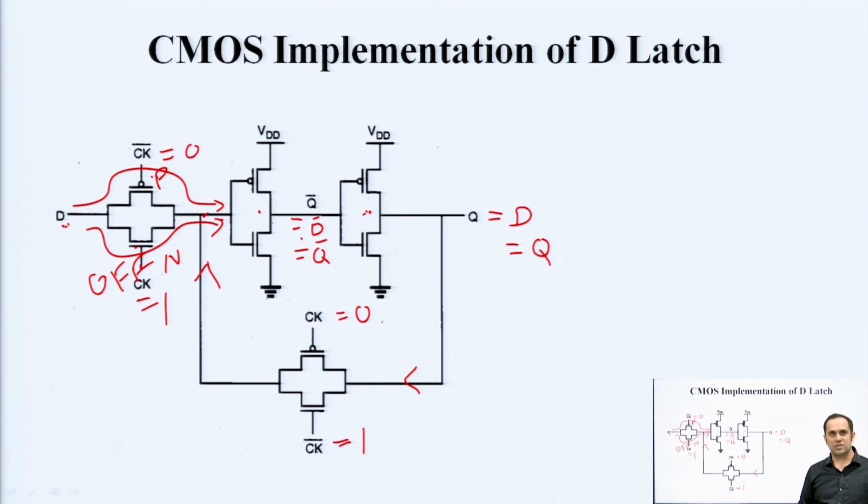For the opposite clock cycle, this switch is open, this switch is closed. So, Q is fed back, again the bistable element with positive feedback, whatever is at the output gets fed back to the input and is again available at the output, the so called storage mechanism.